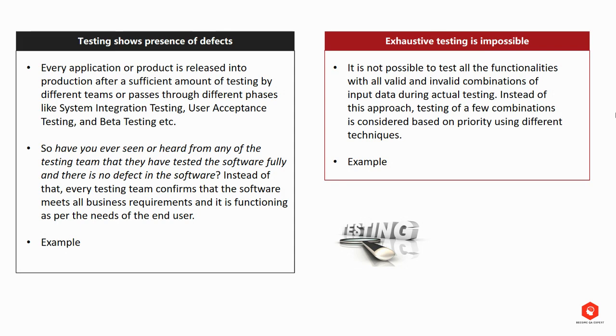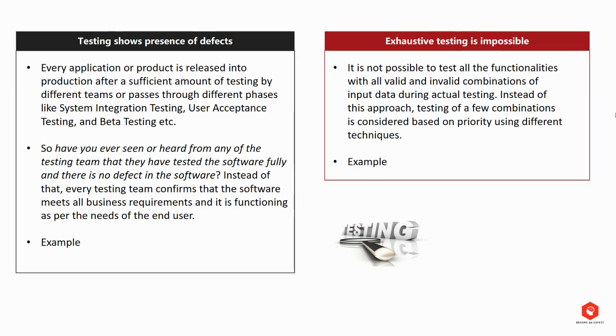Okay, let's move forward to our next principle. Exhaustive testing is impossible. Let's first see what exhaustive testing is. Exhaustive testing is the process of testing the functionality of the software where all possible inputs and their combinations are run along with different preconditions.